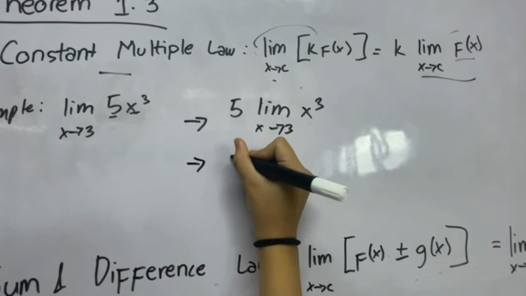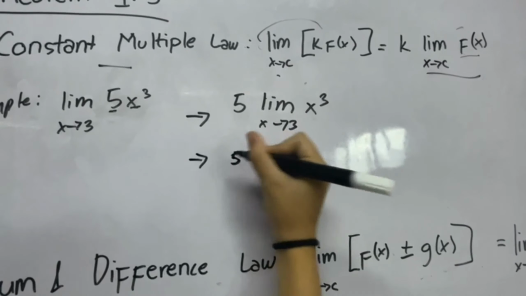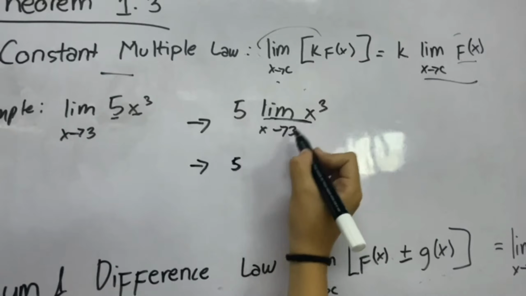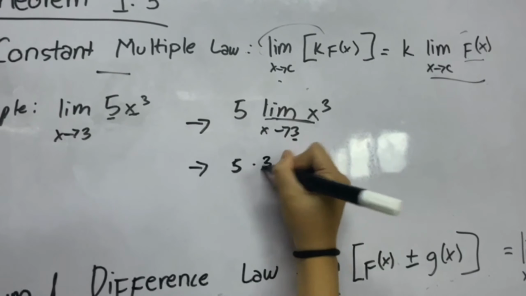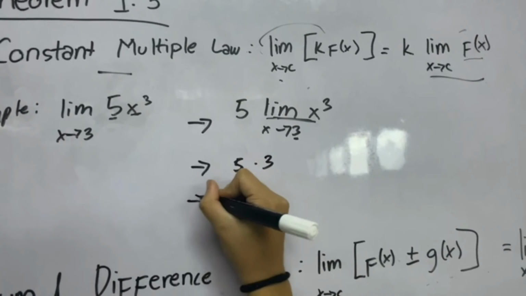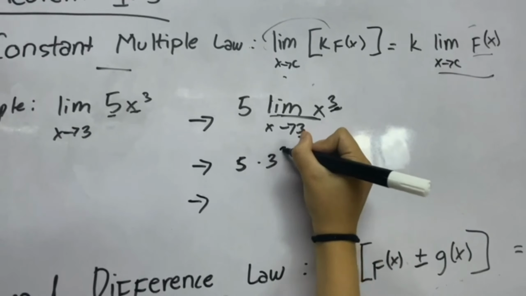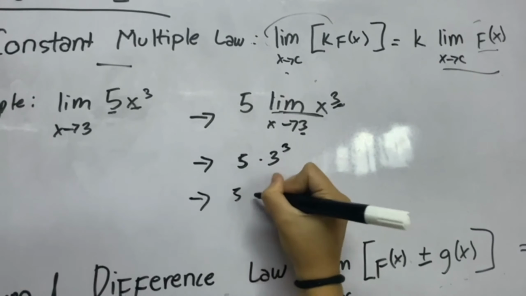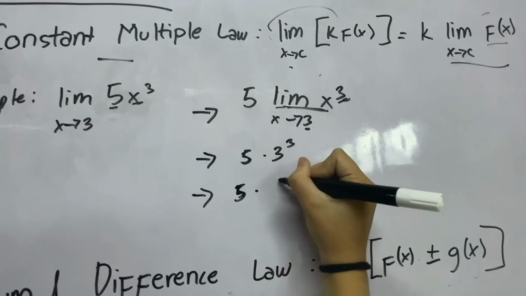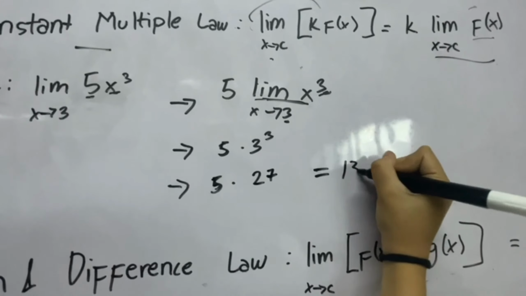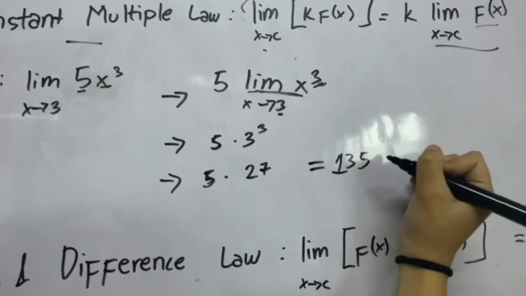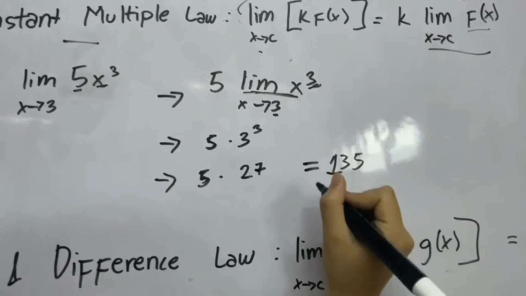With this, we copy the constant 5, and here we could apply theorem 1.2, which will copy the value as x is approaching 2, and don't forget the power, which is cube. That would be 5 times 27, and 5 times 27 is 135. And that is your final answer.